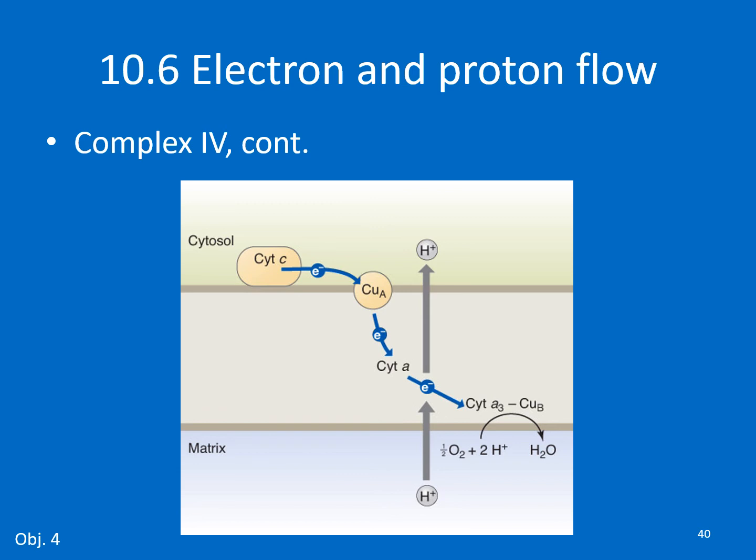So you can see there within the matrix, oxygen plus 2 protons become 1 molecule of water, so half a molecule of oxygen, I guess. Meanwhile, while this occurs, 1 proton gets moved from within the matrix to the outside into the cytosol.